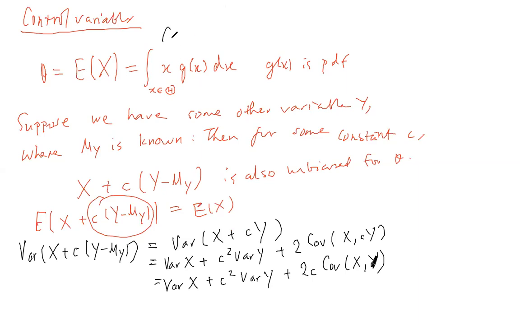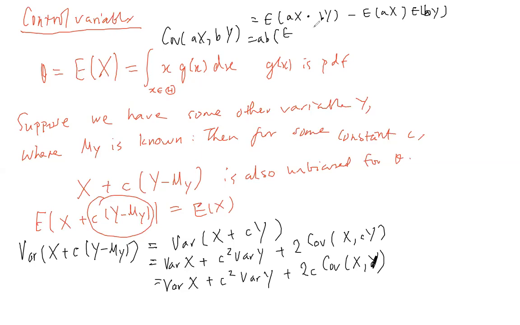by definition, covariance of, let's say, aX and bY, right? Is the expectation of aX times bY minus the expectation of aX times the expectation of bY, right? So you can factorize ab, okay?